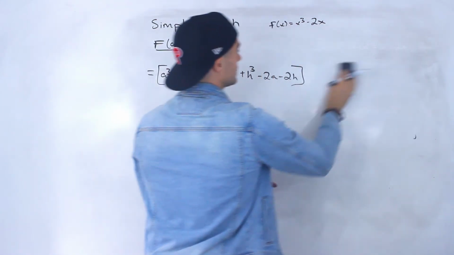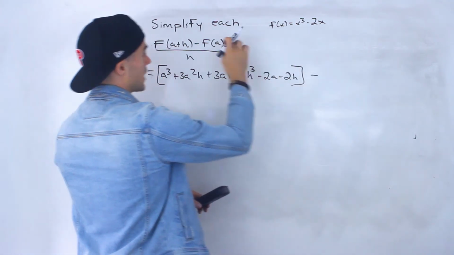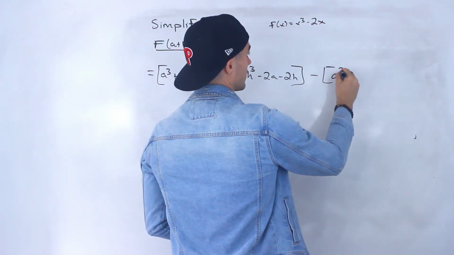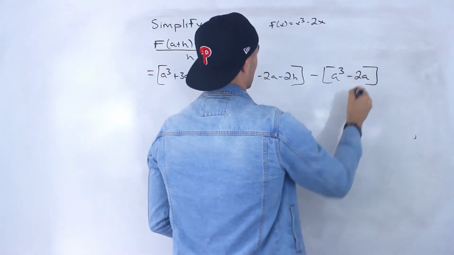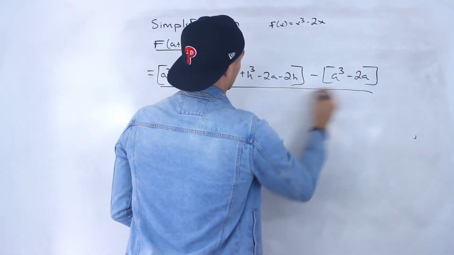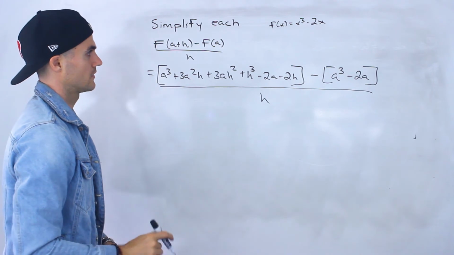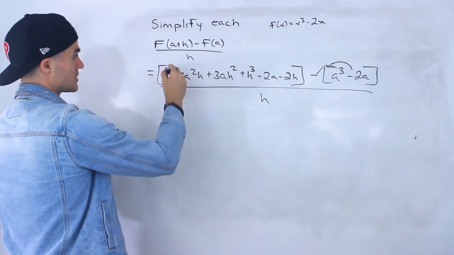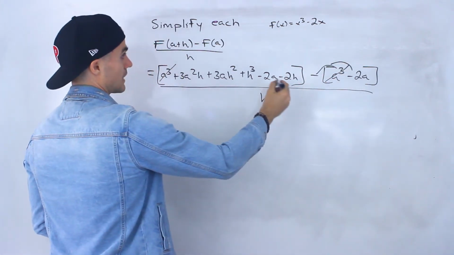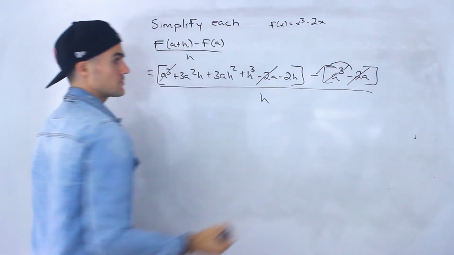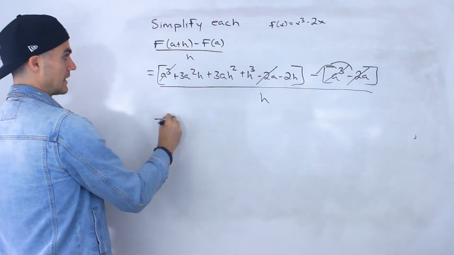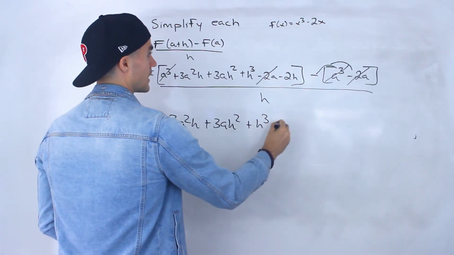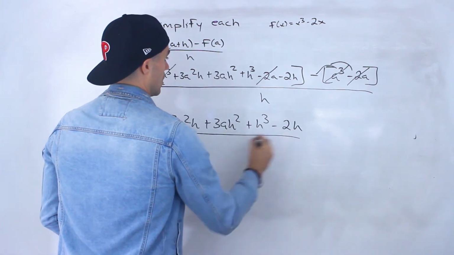Told you this would be a lot of algebra. So now what we're going to be doing is subtracting f of a. F of a, we just simply plug in a for all the x values. So we'll have a to the power 3 minus 2a, all over h. And then when we distribute this negative inside, this would become minus a cubed plus 2a. Notice that this a cubed and that a cubed will cancel out, and then this negative 2a plus 2a will cancel out. And so we'd be left with 3a squared h plus 3ah squared plus h cubed minus 2h all over h.